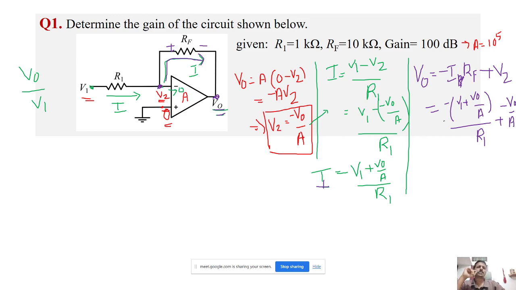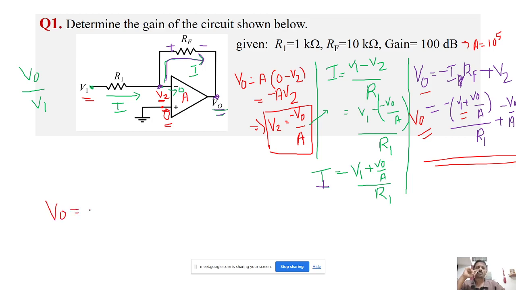So by rearranging this, we will get V0 by V1. See, there are only terms relating V0 and V1, so we can just rearrange these terms. Let me expand this.